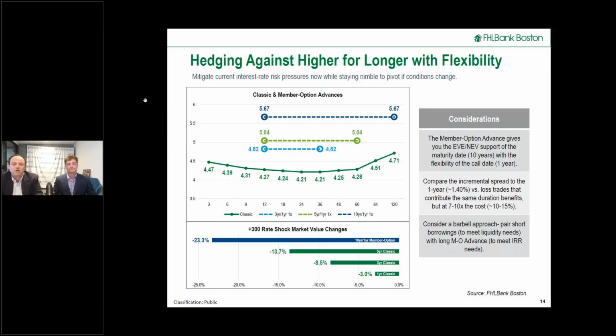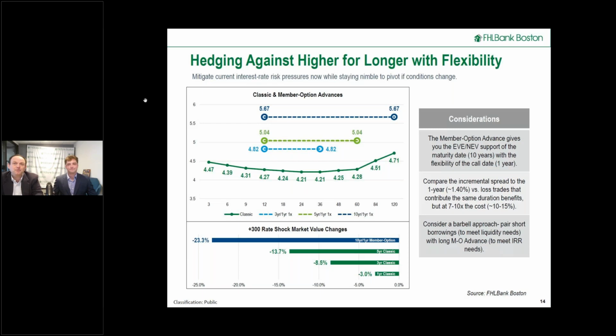So it's an advance where you get the ability to get the benefit of long-term maturities, but still retain the flexibility to pay off the advance, not be subject to prepayment fees at earlier dates. So you can see the chart above shows a current yield curve that is flat to slightly inverted, then starts to tick up as we get to the long maturities.